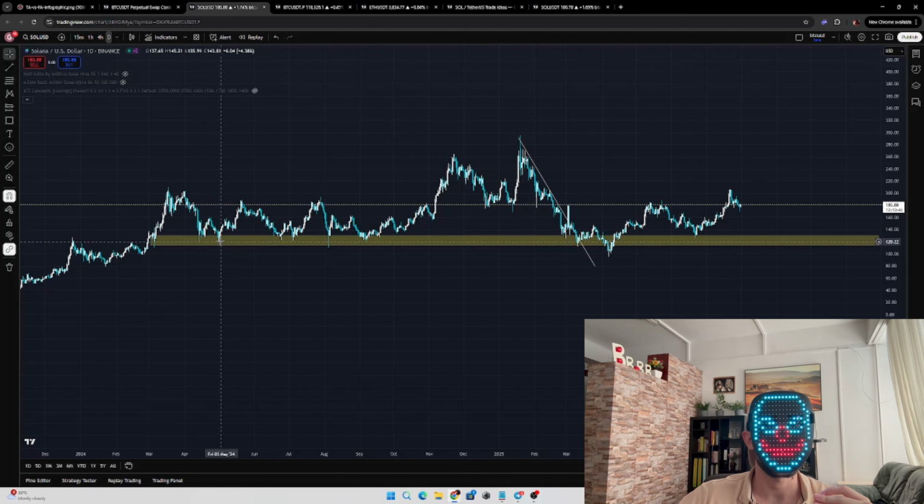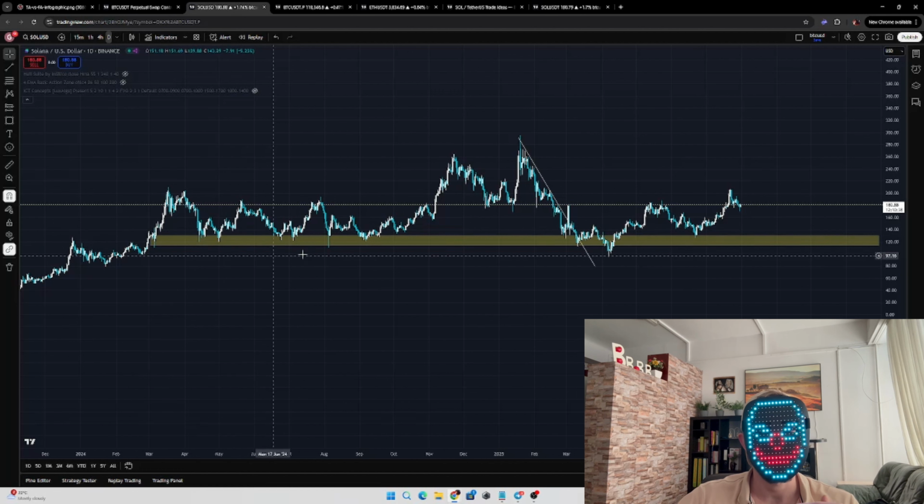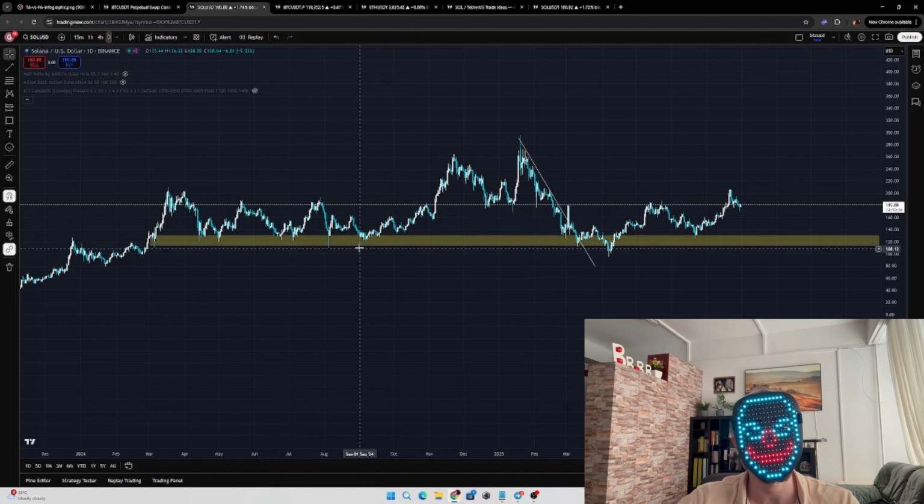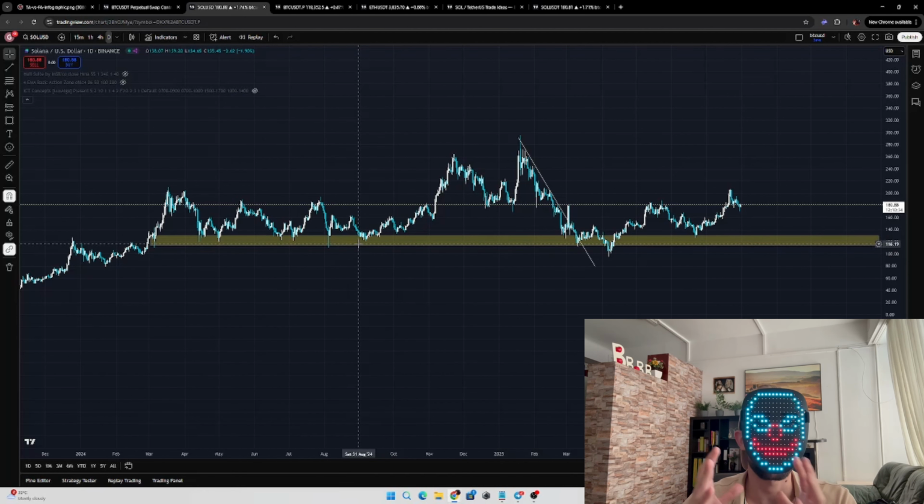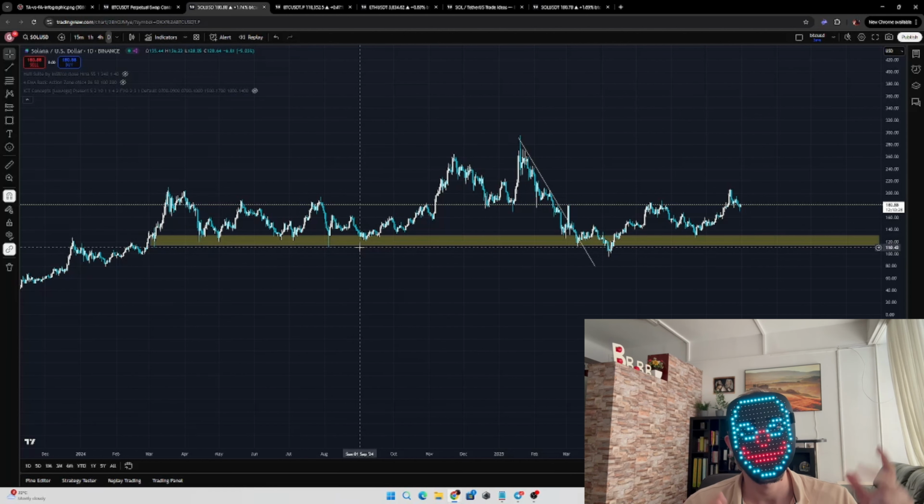So you see that there's a strong support level here because every time the price went down, there have been people buying, and that caused the price to go up. There were more buyers than sellers. That's how the price in the market moves. More buyers than sellers, price goes up. More sellers than buyers, price goes down.